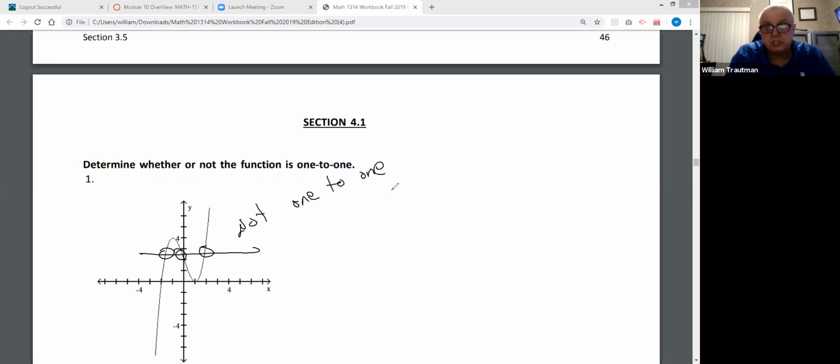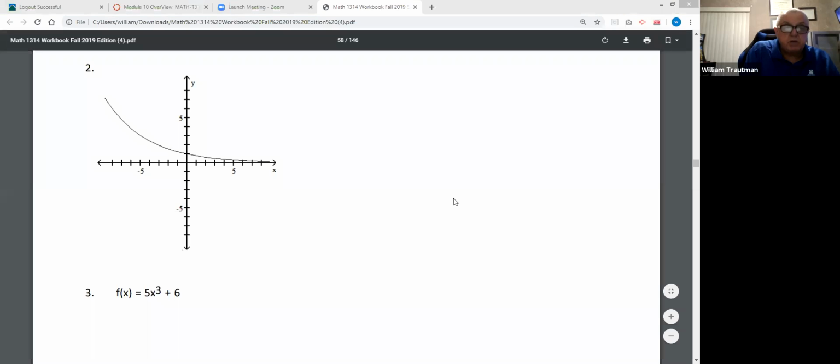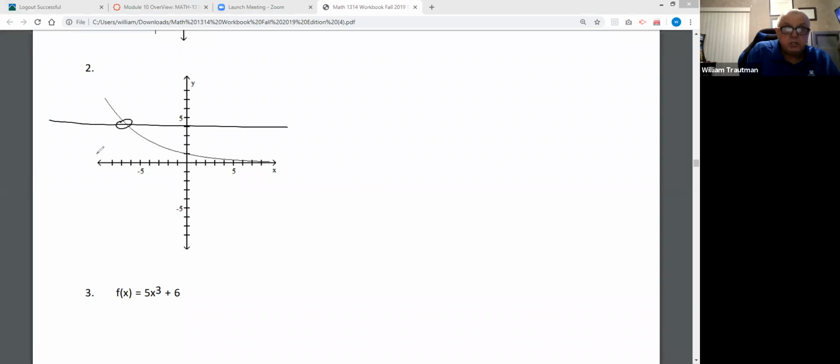All right, so let's move on. Here's a graph. If I draw a horizontal line, it only crosses one place. It's hard to see, but this graph is going down and down. If you drew a really good graph, it only crosses at one place.